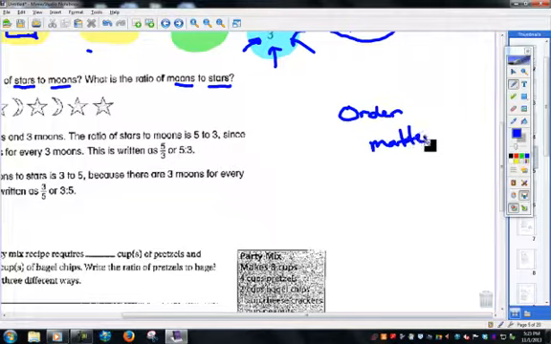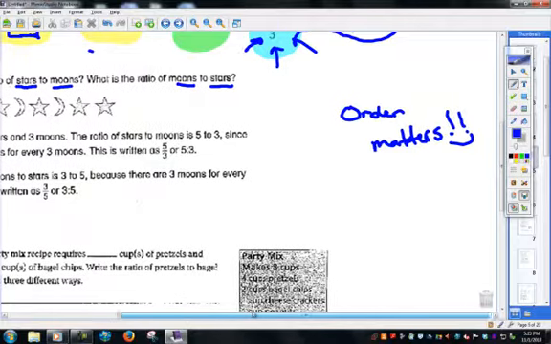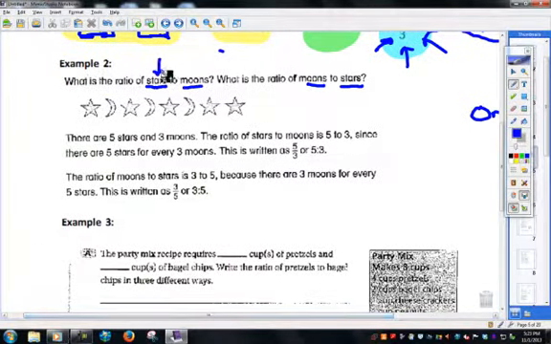Order is the most important thing about ratios. When it says stars to moons, it specifically wants the number of stars compared to the number of moons. It's very important. So to answer the first question here, you can maybe draw a little arrow down to here like this.